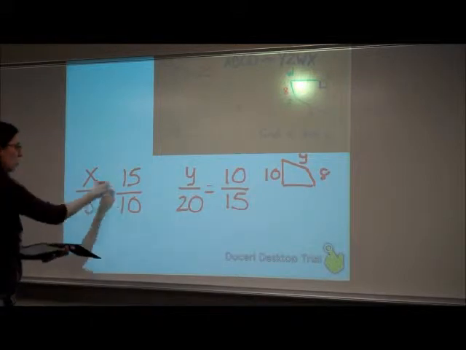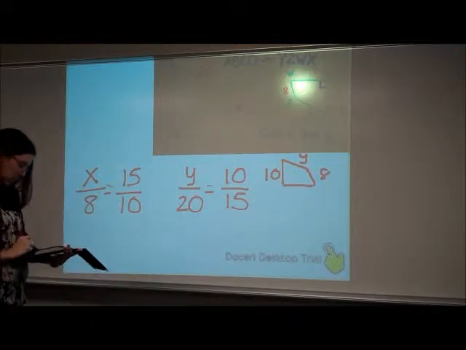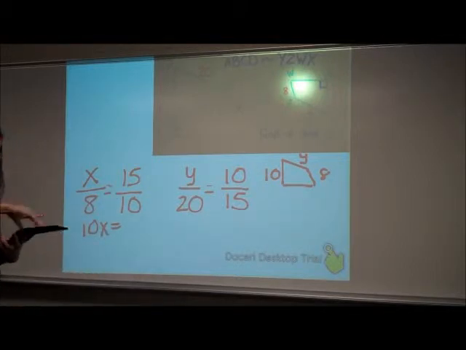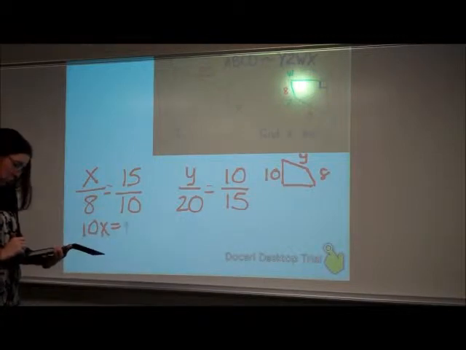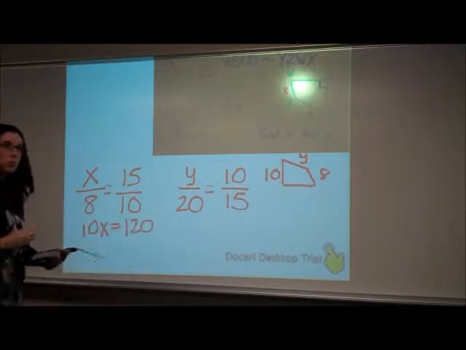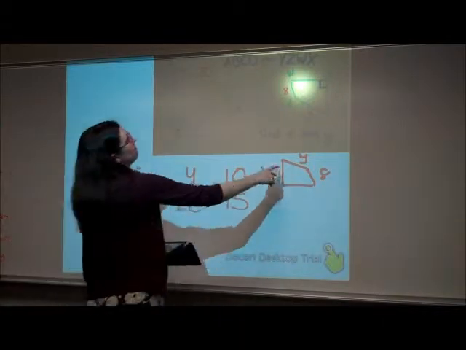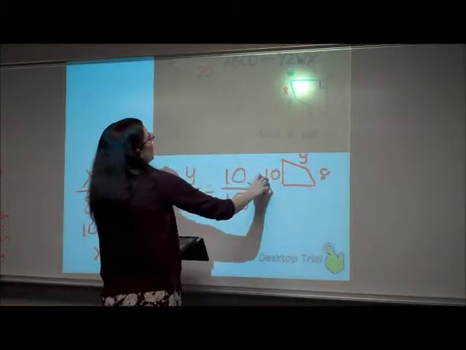Solving this one with cross products, I get 10x is equal to 8 times 15. That is 120. Dividing both sides by 10, I get that x is equal to 12. That's about right.